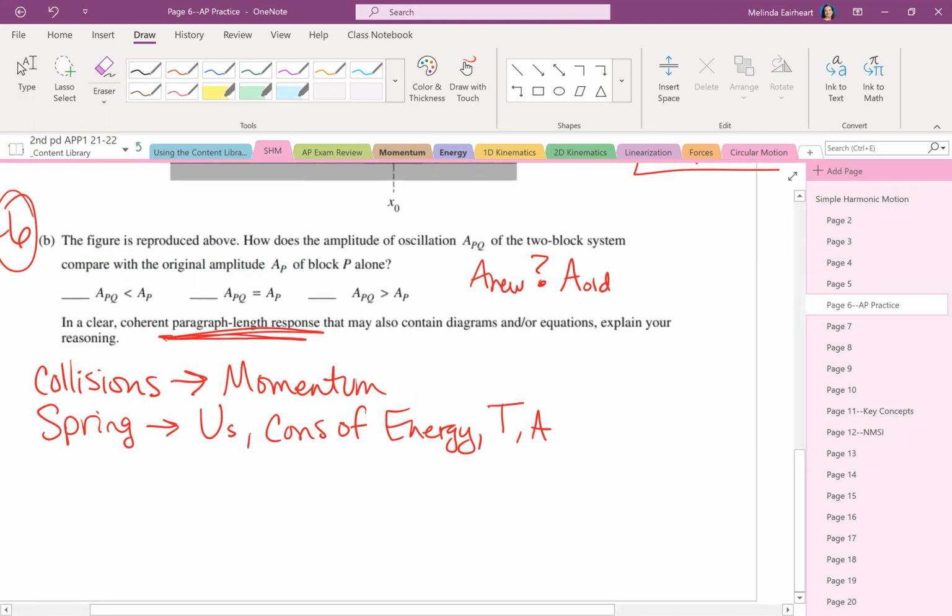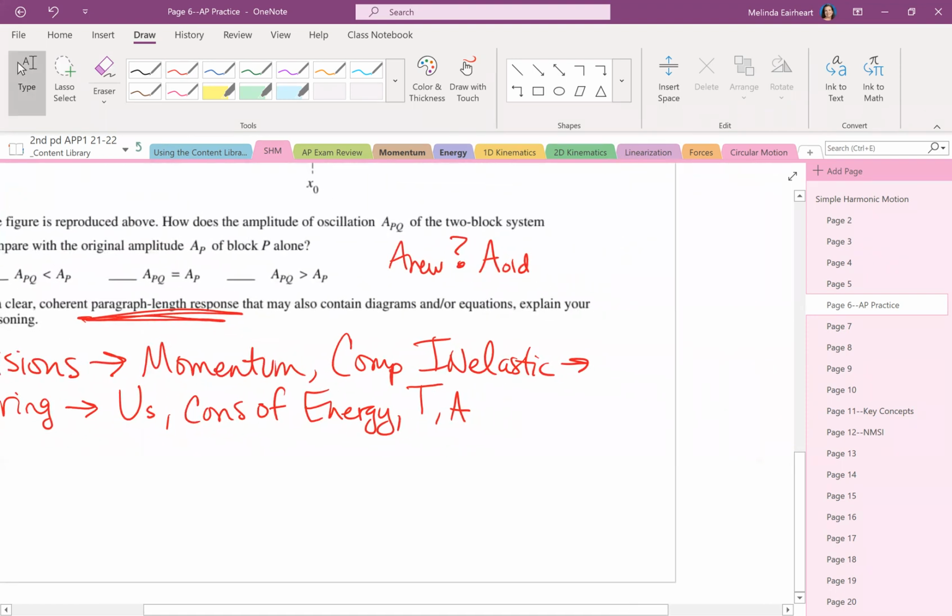And so let's start with collision. What kind of collision is it? It says it sticks to it. Inelastic, if you want to get nitty gritty, it's a completely or perfectly inelastic collision. What do you remember about completely inelastic collisions? What kind of energy is not conserved?